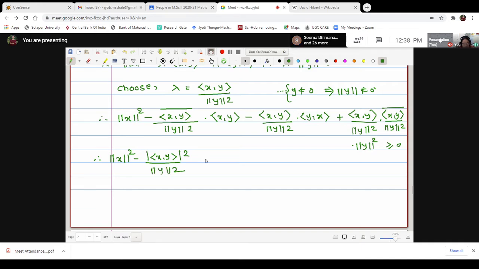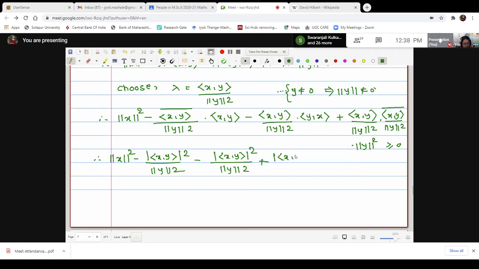The same repeats here. This is yx. If I write xy, it will be with the conjugate. Therefore this is inner product xy into inner product xy conjugate, so again the same mod z square. This is modulus square of inner product xy upon norm square y. Here also the same thing will happen with the positive sign.